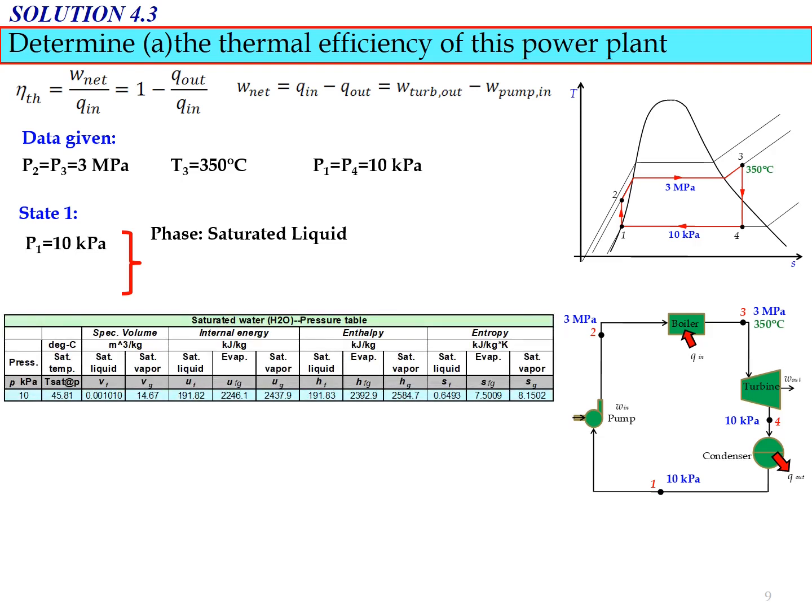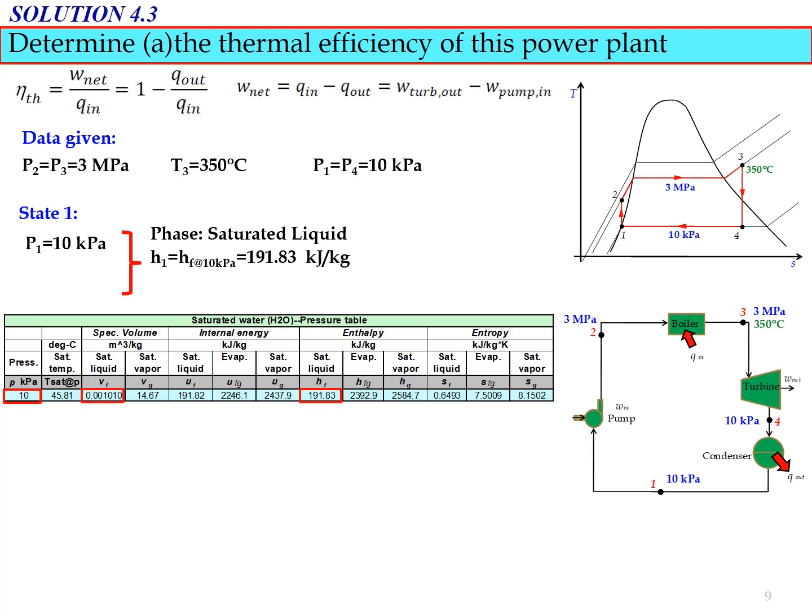Thus, in order to determine the important parameters for state number 1, we need to use the saturated water table based on pressure, because the value of pressure is given in the question. At pressure equal to 10 kilopascal, you can determine the value of H1, where H1 equals hf at 10 kilopascal, equal to 191.83 kilojoule per kg.